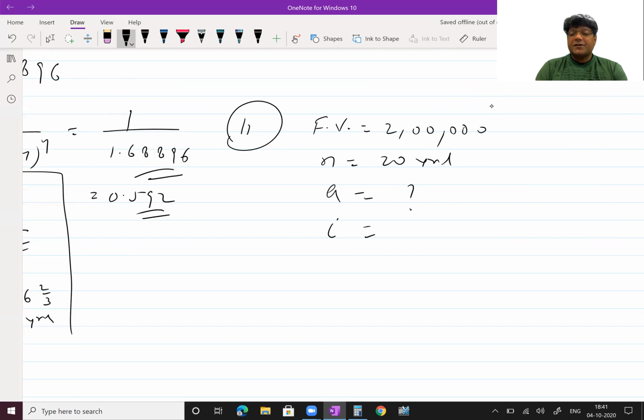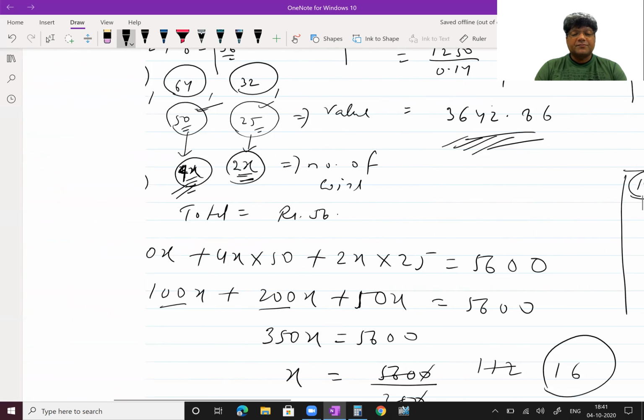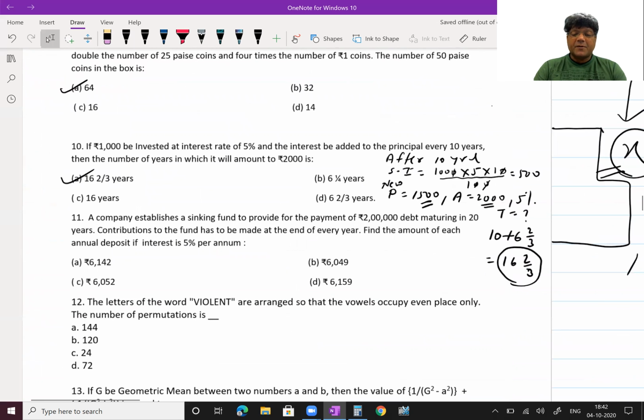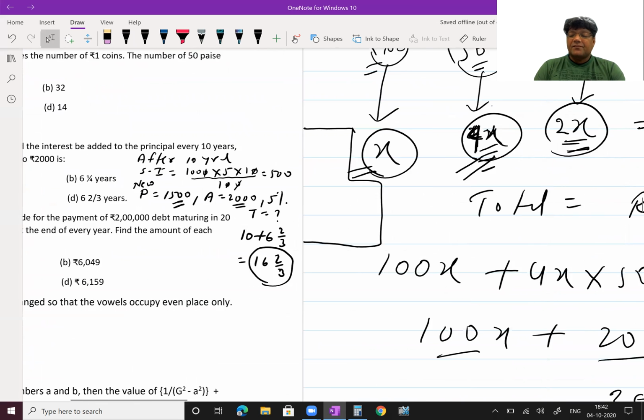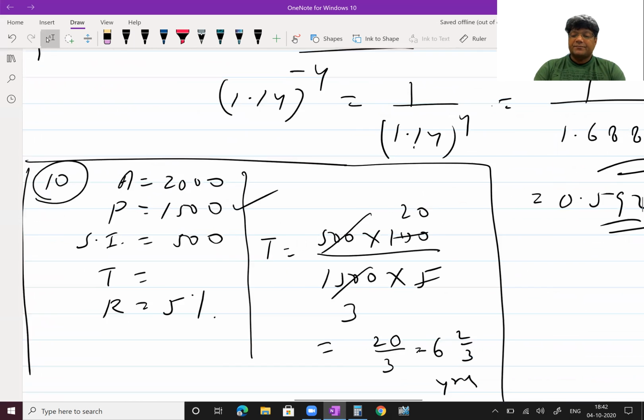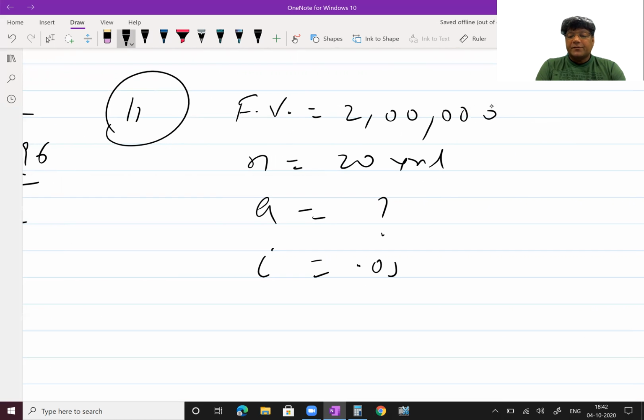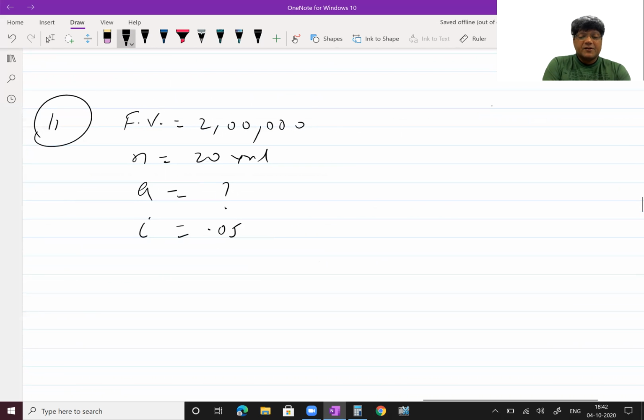Rate of interest supplied with the question is 5% per annum. So i is equal to 0.05. Simple, guys. Calculation based question only.